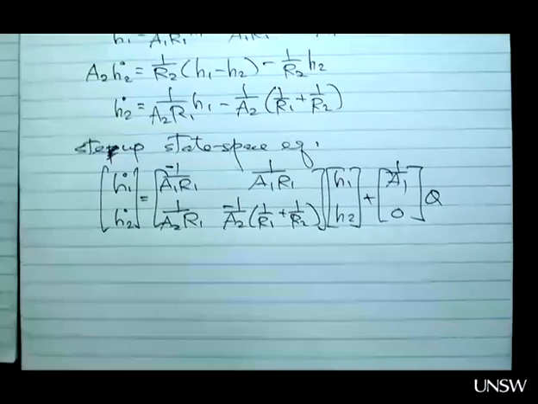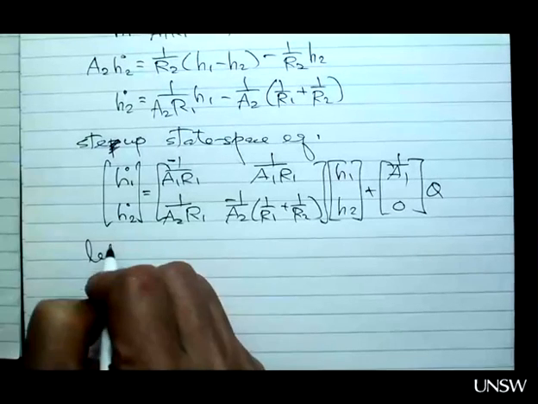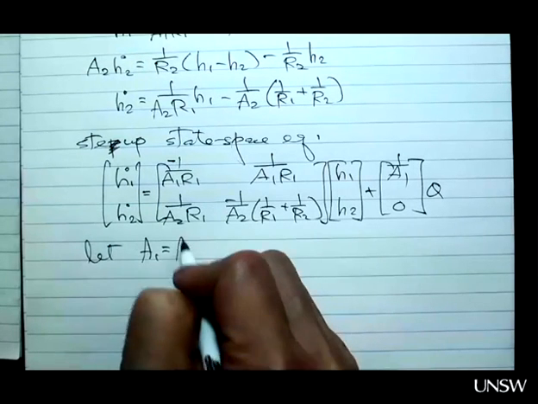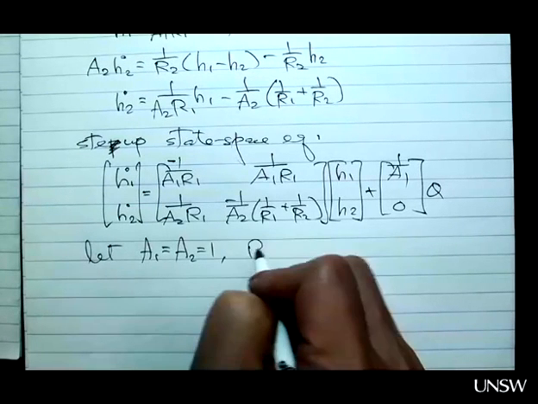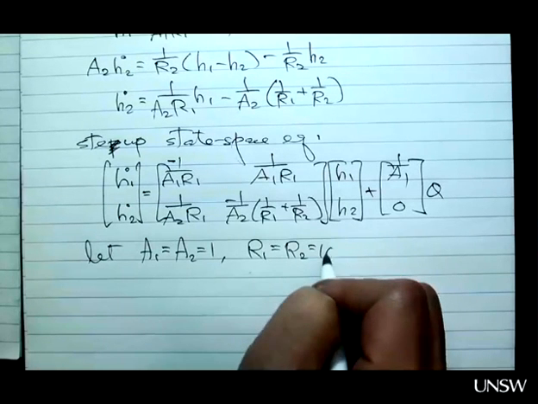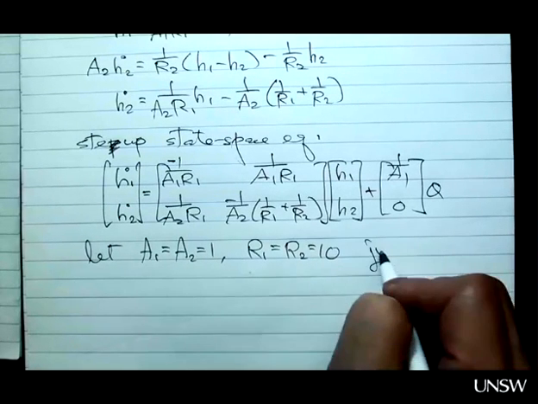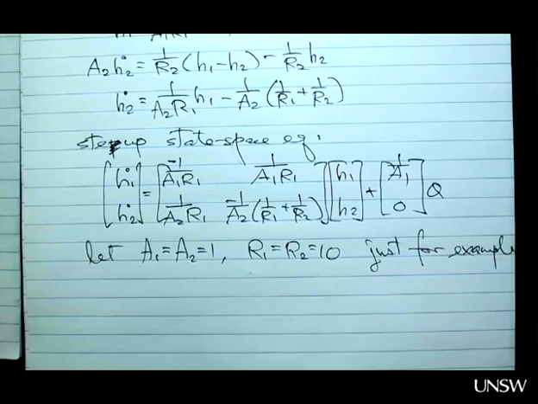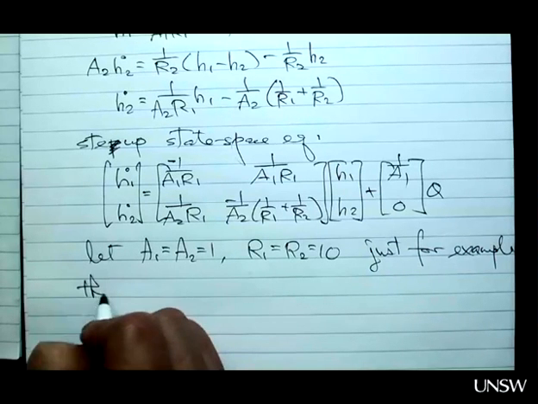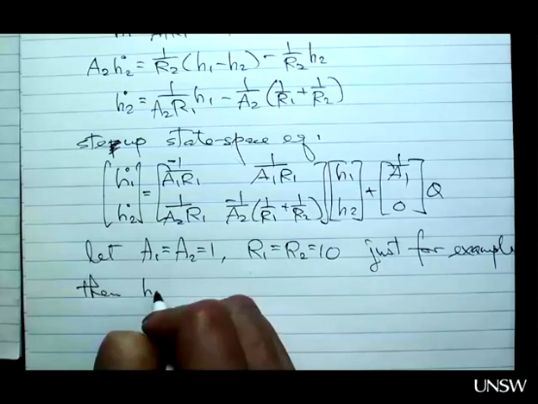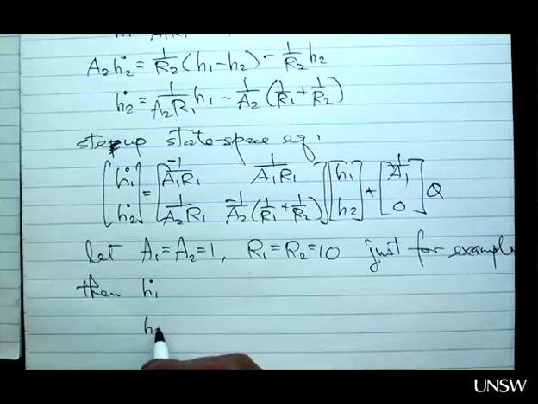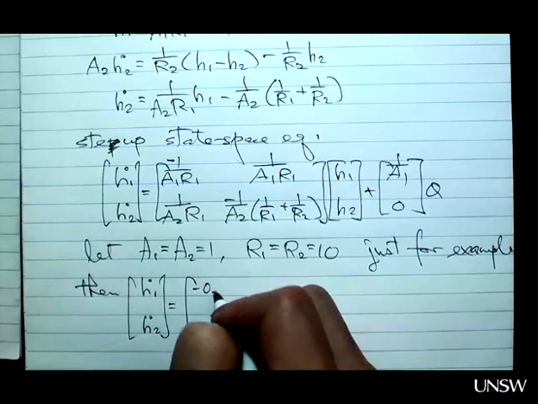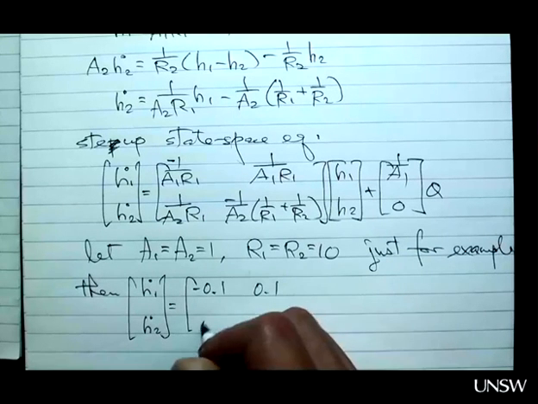If we let simply, but just for example, okay, just for example. So if we have these numbers, then the matrix equation or the state space equation becomes minus 0.1 and then 0.1, 0.1 and minus 0.2.